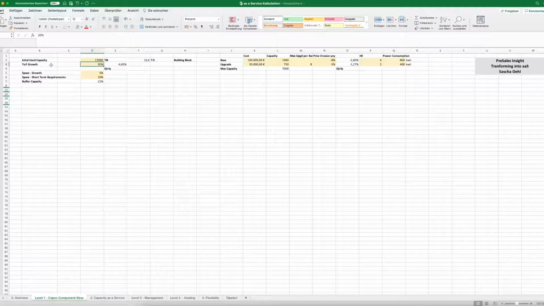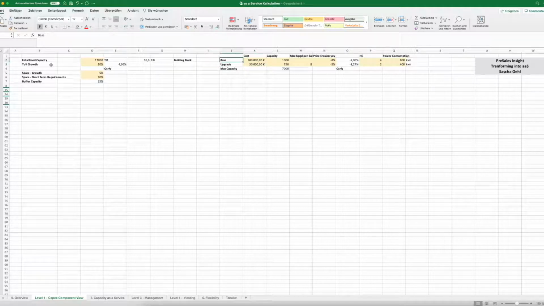We know the year-over-year growth, 20%, and we use our formula to turn this 20% year-over-year growth into a quarterly growth factor, which is in fact 4.66. We know the space that we need for growth, for short-term requirements, and we add it up, which brings us into 15%.